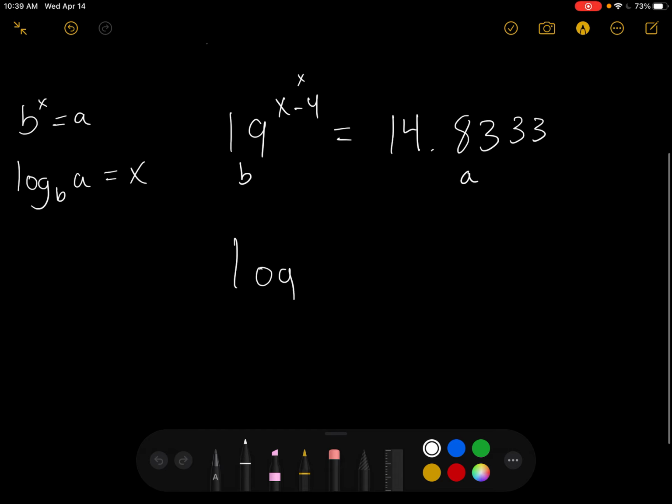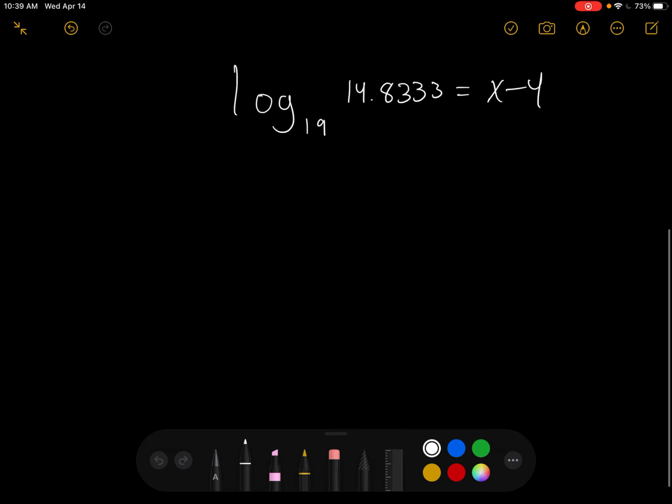So log base b is 19, right? So log base 19 of a, which is 14.8333, is equal to x, and x is x minus 4, right? So now from here, we're going to get a value for this. If you have the log base function, go ahead and do that.